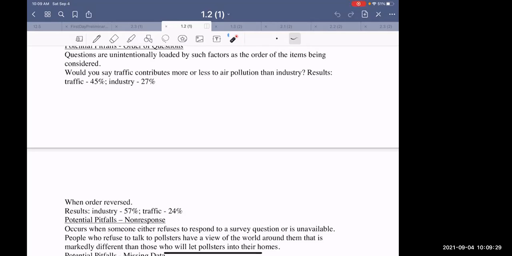So this is hard. It is harder to deal with this pitfall than other pitfalls because the order makes a difference. So you have to re-ask the question in the opposite order, but in such a way that people don't know you're asking the same question, the way the eye doctor does it.